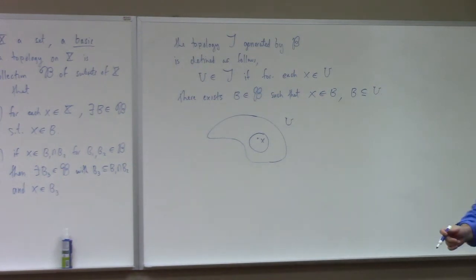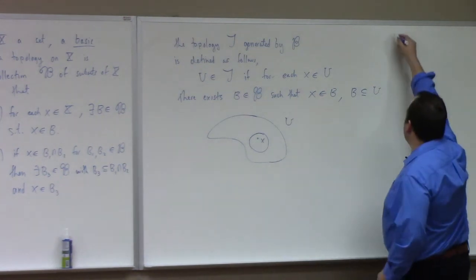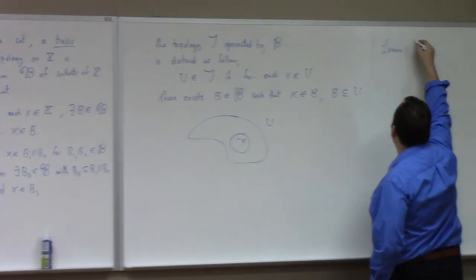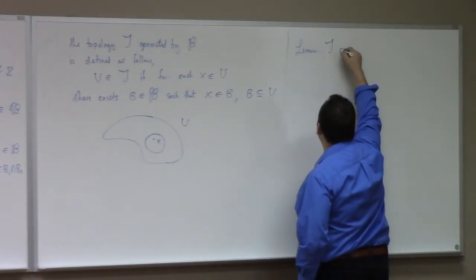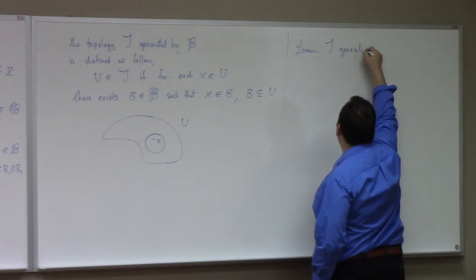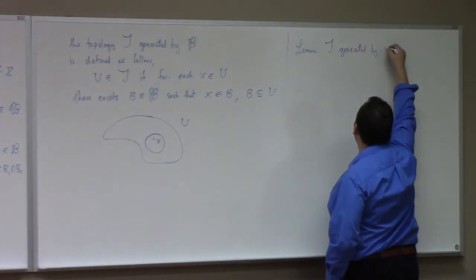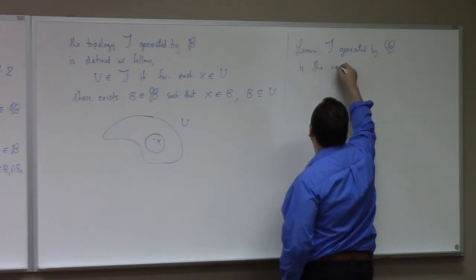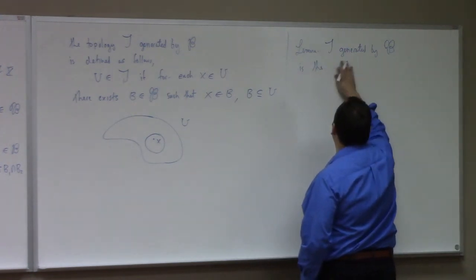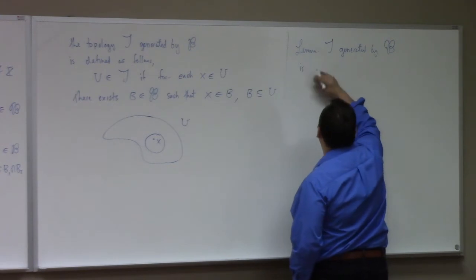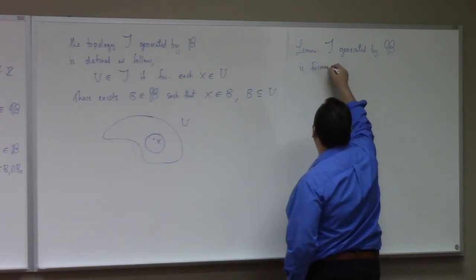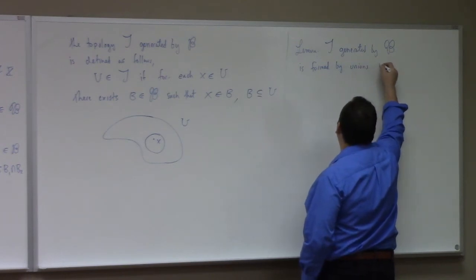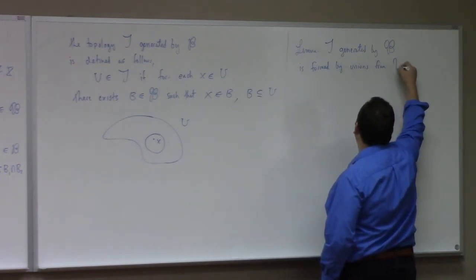So there's a lemma that follows usually shortly after this: the topology tau generated by a basis beta is formed by unions from the basis.